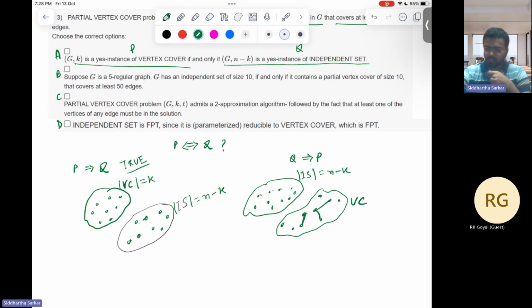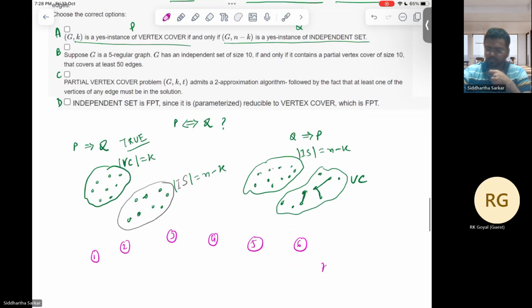So let us say that these 10 vertices are 1, 2, 3, 4, 5, 6, 7, 8, 9, 10, and each of them have degree 5. This kind of a thing can happen. So maybe one vertex is neighbor to both 1 and 2. That is possible.